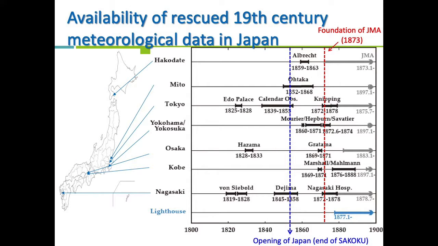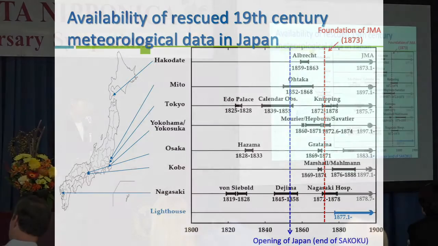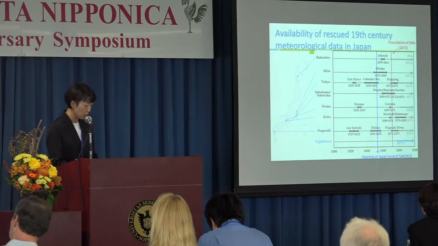Even after all the correction and homogenization processes, these records are still very fragmented in time and also in space. However, it is also important to have climatological images during the 19th century.